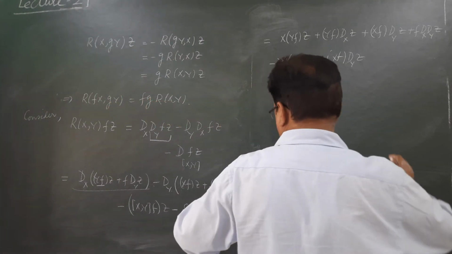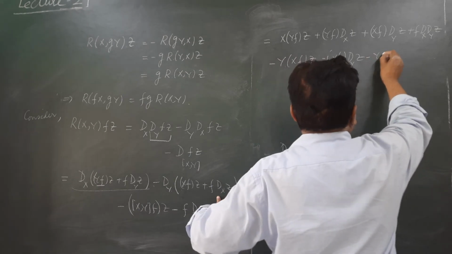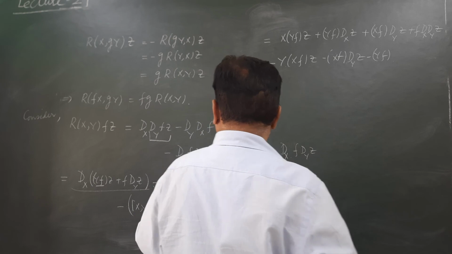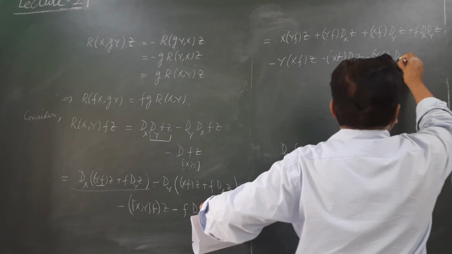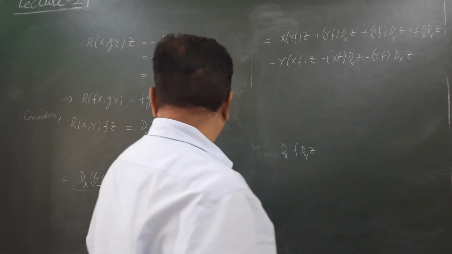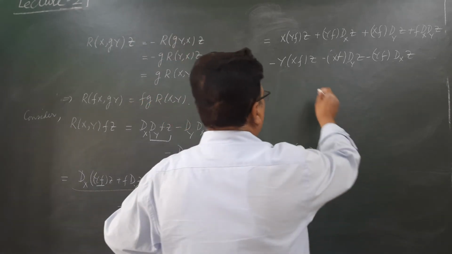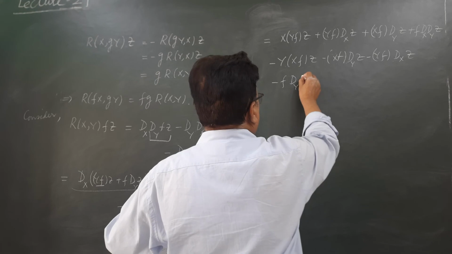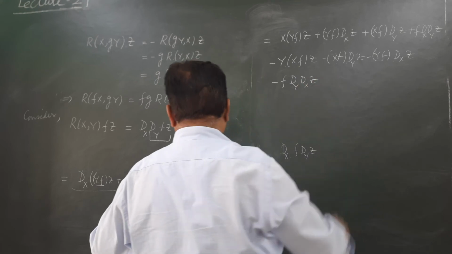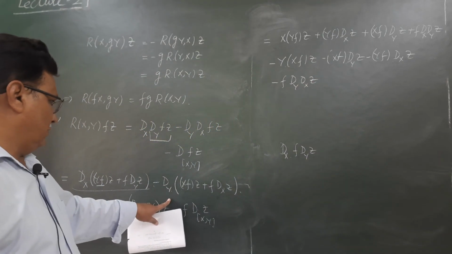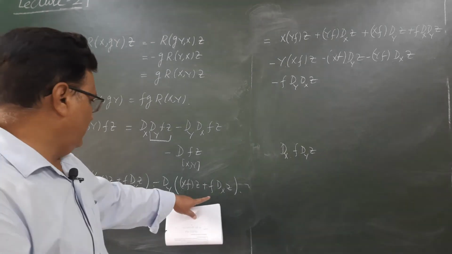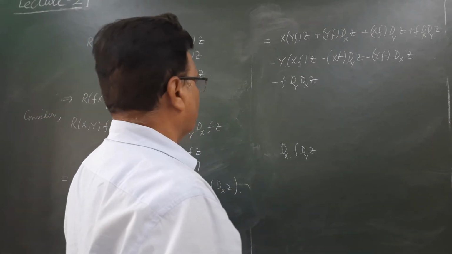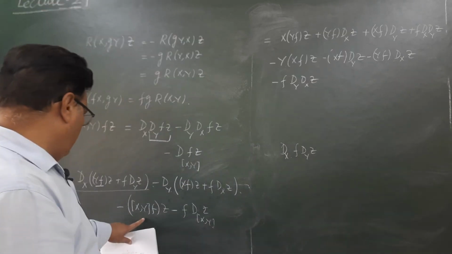So this is minus yf dxz, minus f out dy dxz. This one is also done: yf dxz minus f out. Okay, both the terms are done.